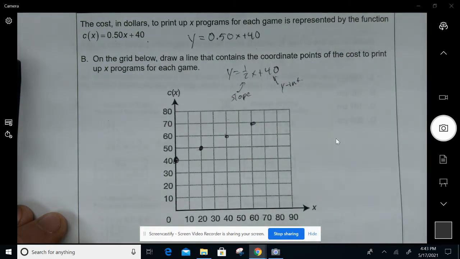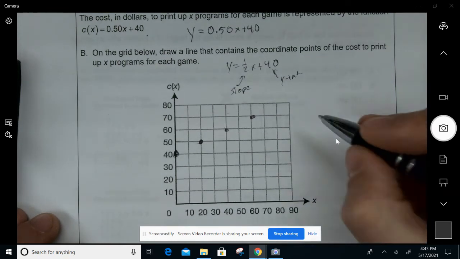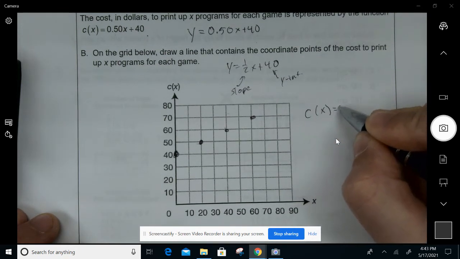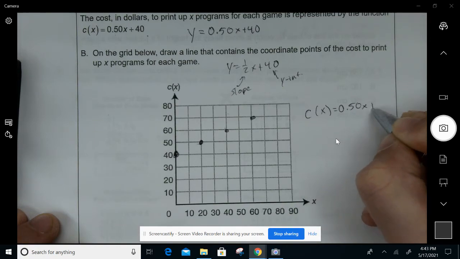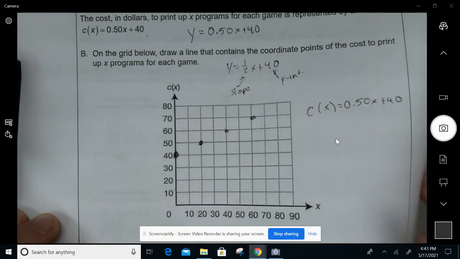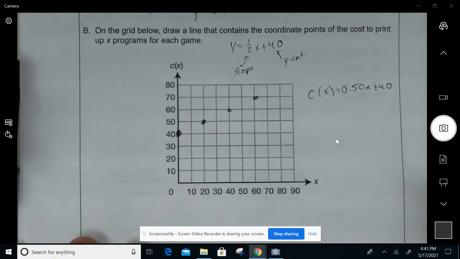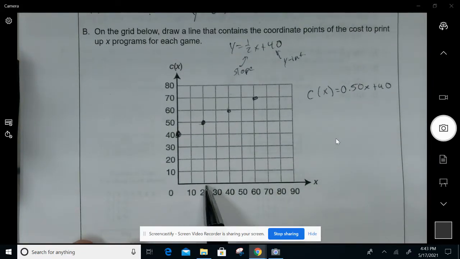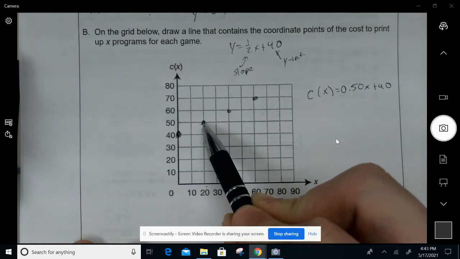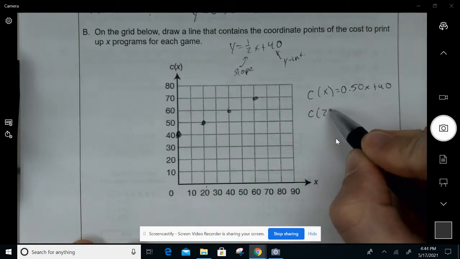Okay. Now, if you don't remember that, just plug in some numbers. I'll write it as you normally would, and plug in some numbers, just like you did up top. Up top, you plugged in the numbers they told you, but here, just pick some numbers. Let's plug in 20. You could do 10, but let's do 20 since we already have a point there.